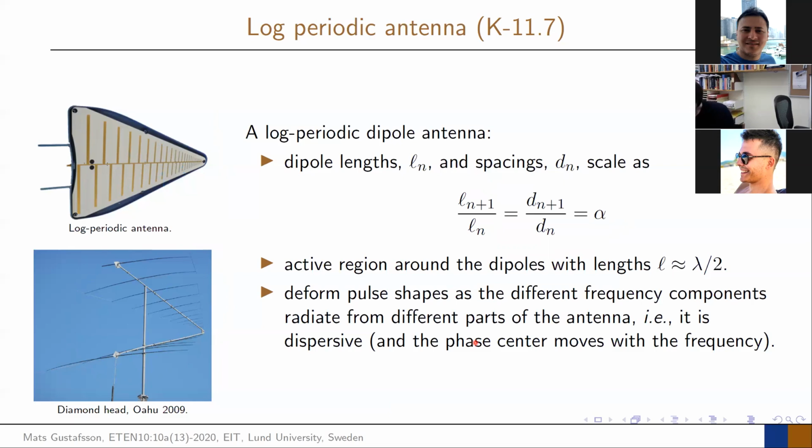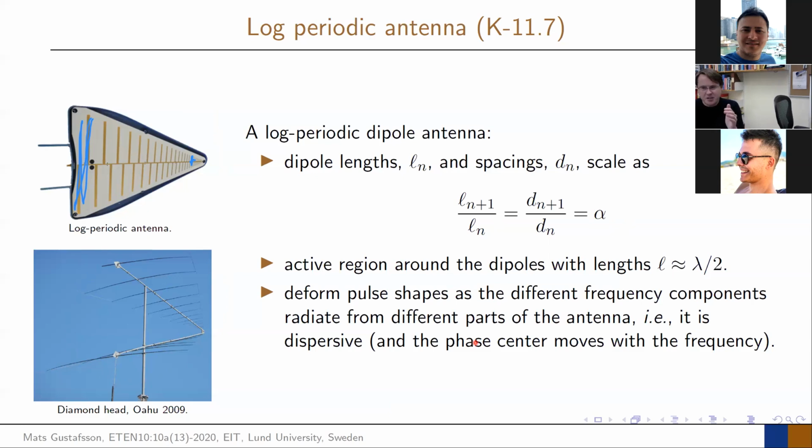But now we could think about one thing with this one. So, okay, it's broadband. What is then a problem with it? If you think you would send, for example, a pulse through this antenna, it's matched for all frequencies. But it would mean that the lower frequencies of your pulse are transmitted from this position. The higher frequencies of your pulse, shorter wavelengths, are sent from this position.